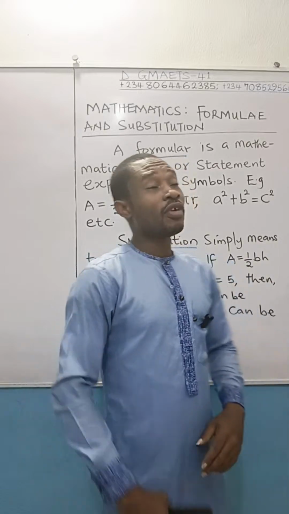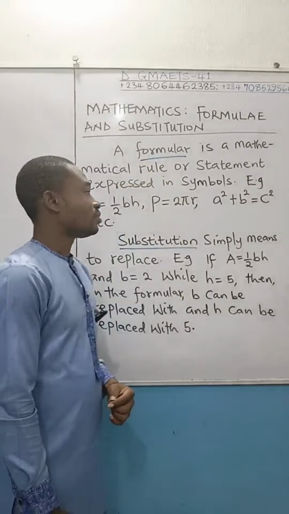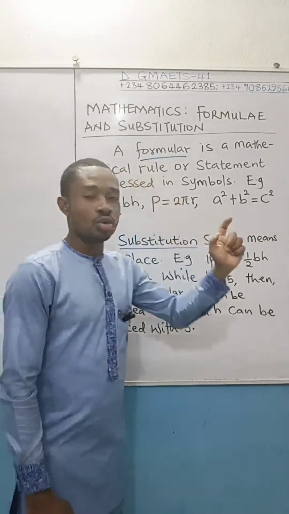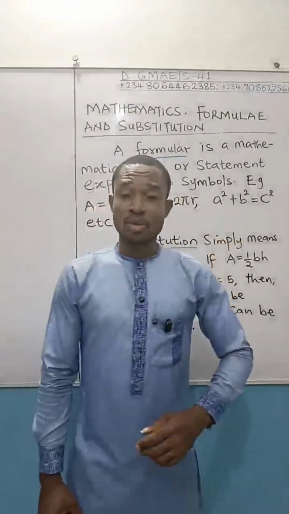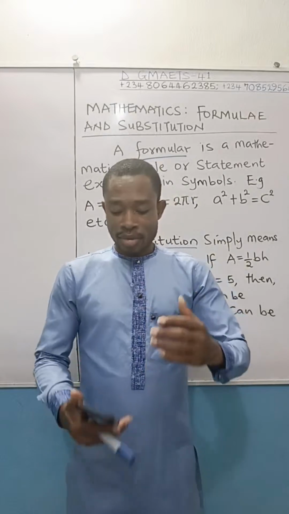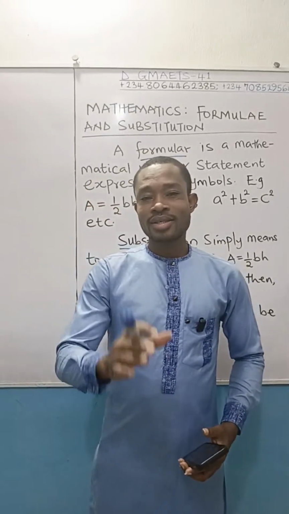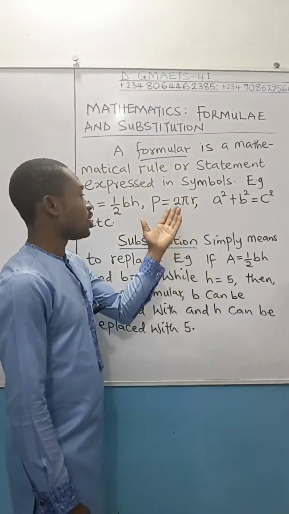Let us start first by getting to know what a formula is. A formula is a mathematical rule or statement expressed in symbols. A mathematical rule or statement expressed in what? Symbols. Now we have some examples here.